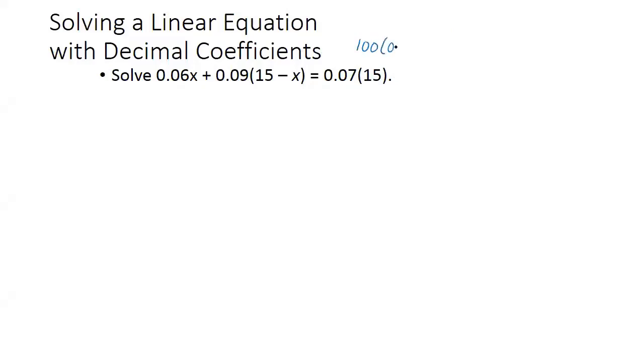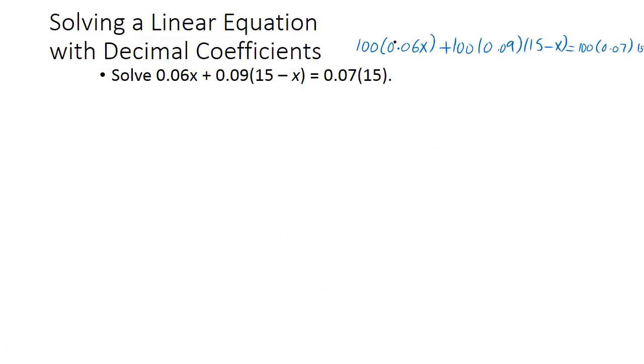Look, if I multiply the first term by 100, this is what I get. If I multiply the second term by 100, this is what I get: 0.09 times (15 minus x), and finally 100 times 0.07 times 15.